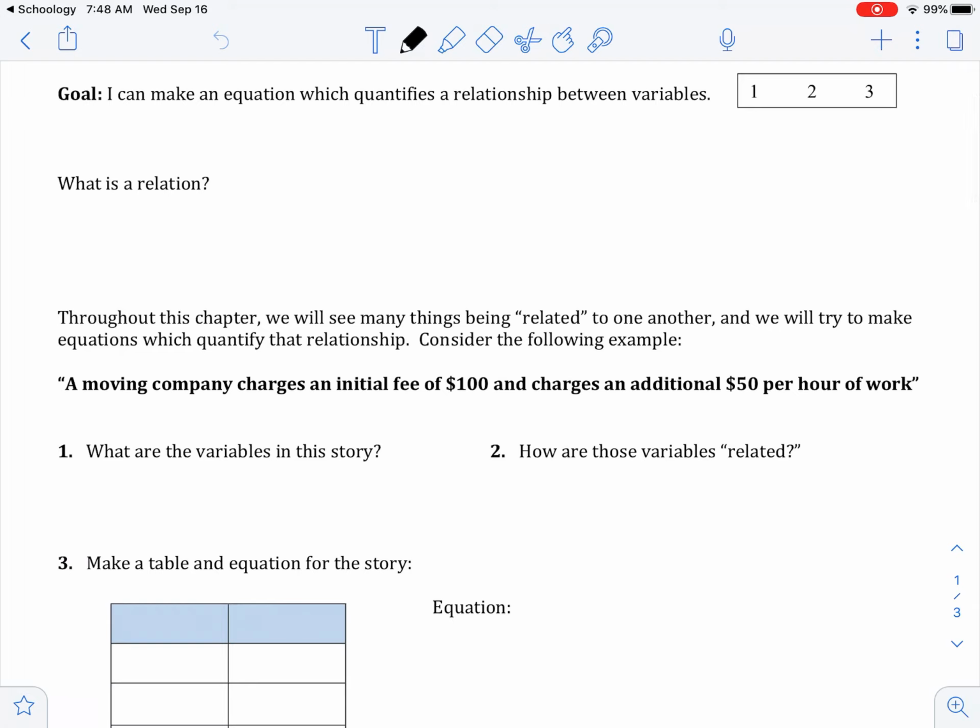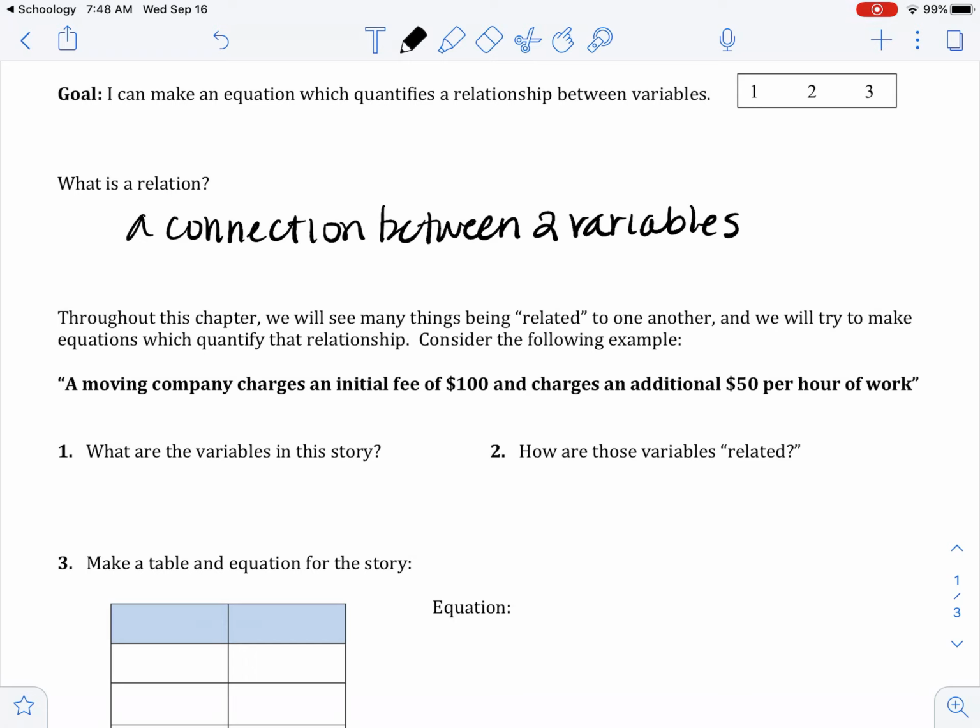Okay, so first off, this section's called relations, and we have to know what a relation is in order to work with them. So a relation is a connection between two variables. Now, when I say a connection between two variables, usually we use x and y.